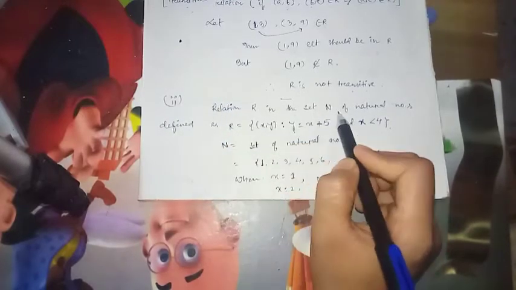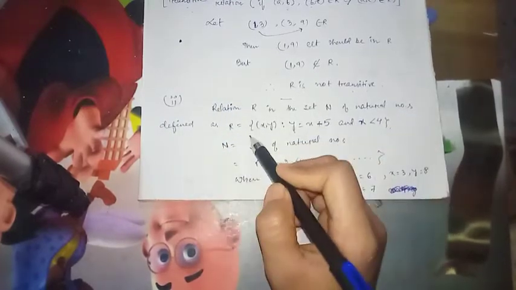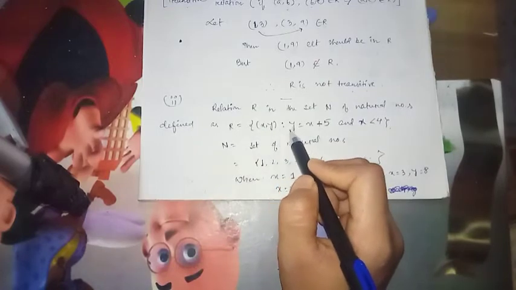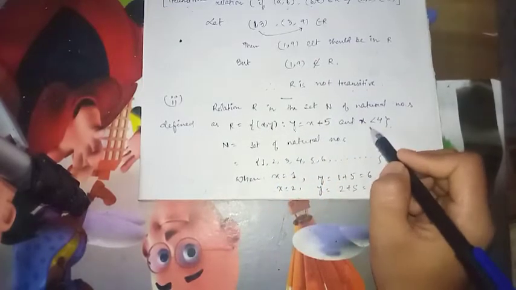Relation R in the set N of natural numbers is defined as R equal to the ordered pair x, y such that y equal x plus 5 and x less than 4.